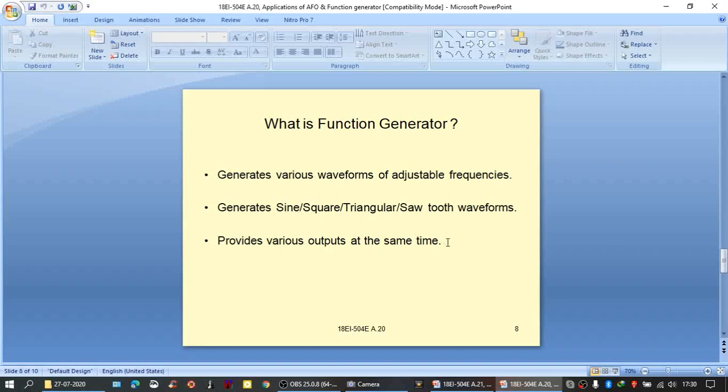Function generator produces waveforms of various shapes such as sine wave, square wave, triangular wave, sawtooth wave, etc. with adjustable frequencies and adjustable amplitudes, and all signals are available at the same time from the output of a function generator.